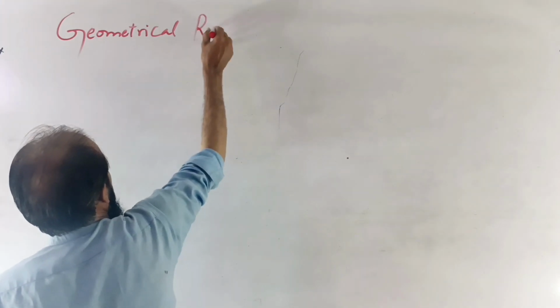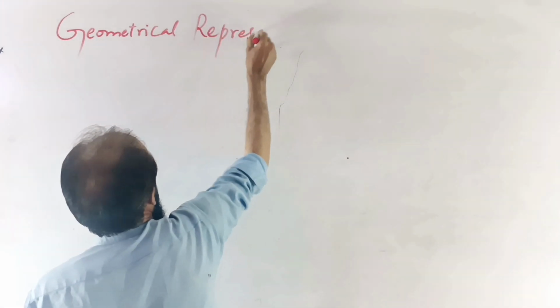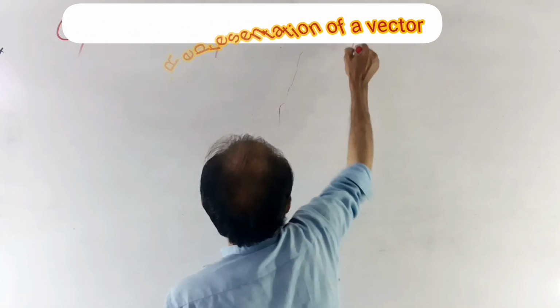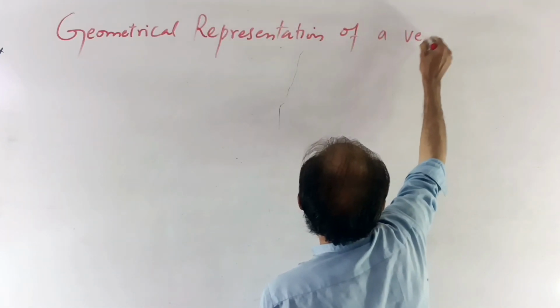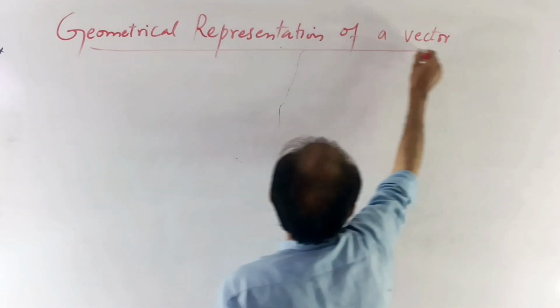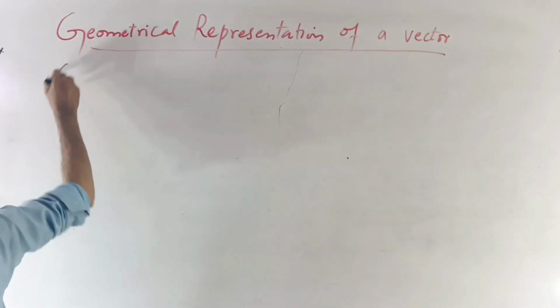Geometrical representation. How can a vector be represented geometrically?